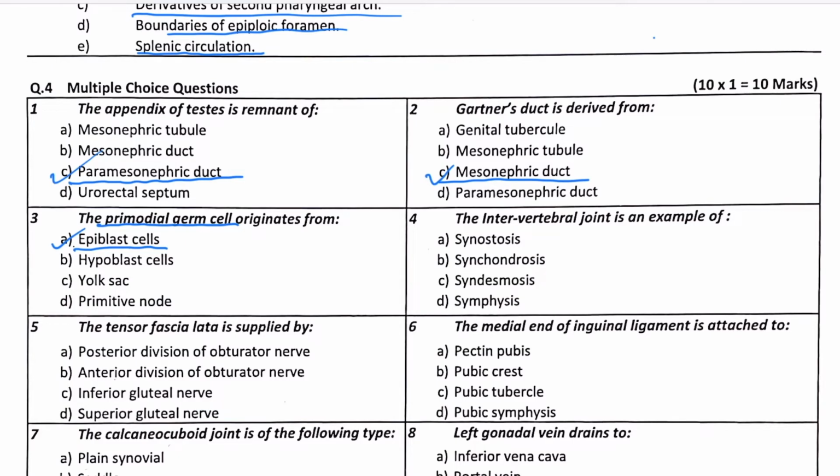So it's not wrong to say that they are derived from epiblasts, but remember that epiblast cells are pluripotent. They have yet not decided their fate, but the cells of the epiblast which migrate and settle around the wall of the yolk sac, they are actually destined to form the primitive germ cells.